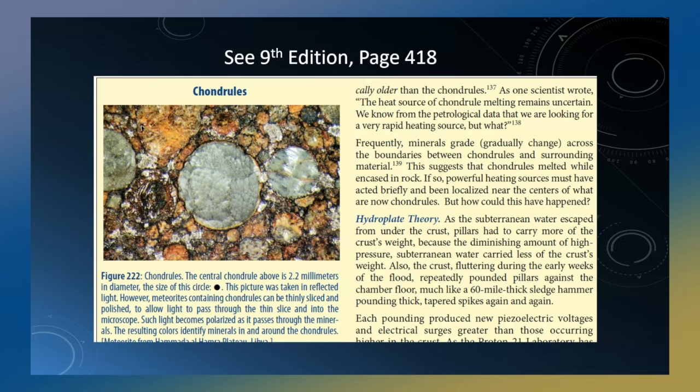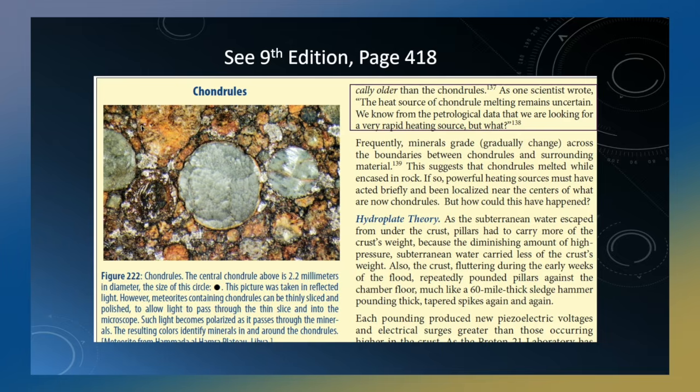That chondrule is material that was once melted, but then solidified, and you can see that the chondrule is within a matrix of other rocks. And so about this, one scientist wrote, "The heat source of chondrule melting remains uncertain.